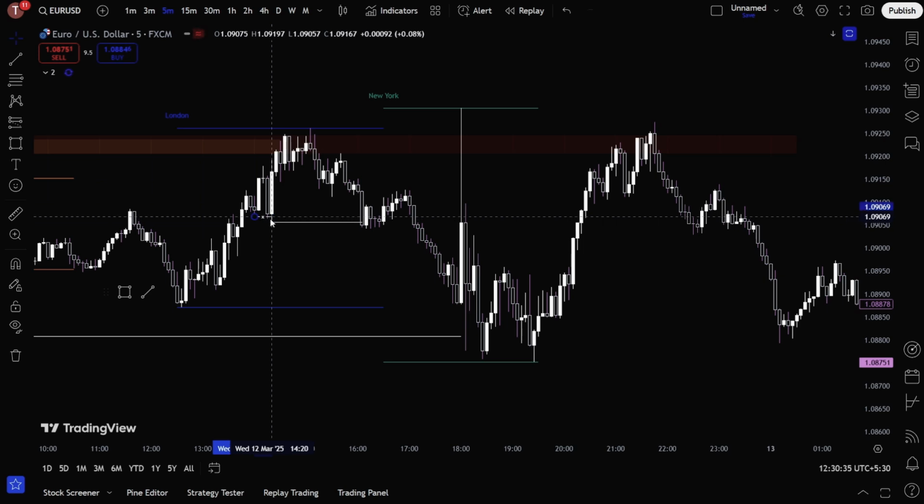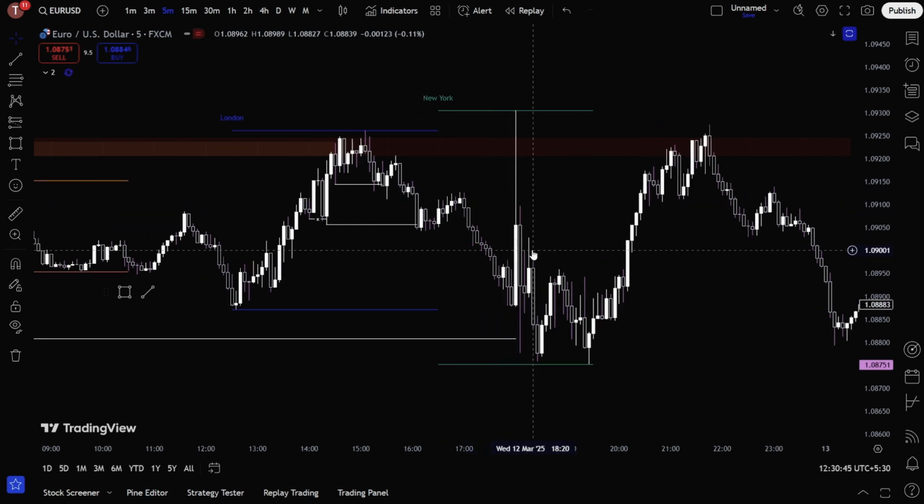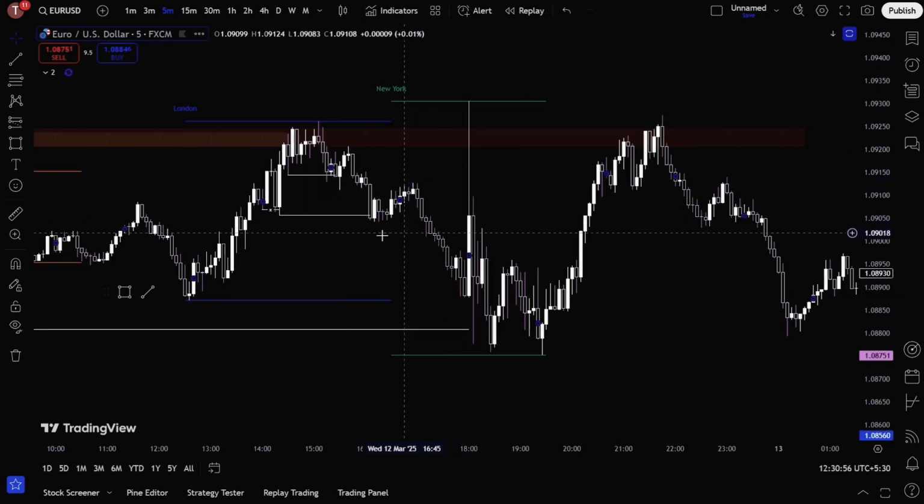And if you are a more aggressive trader, you can take entries over here after the break of this low. But for now, I'm going for the safe entry. So since we broke this lower level and we have this FVG over here, the price moved further to the upside, and this FVG was followed by one mitigated FVG over here.